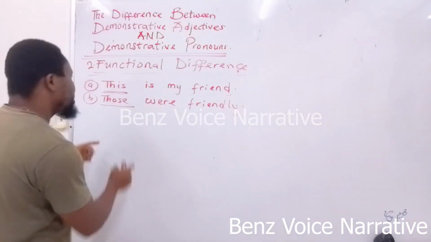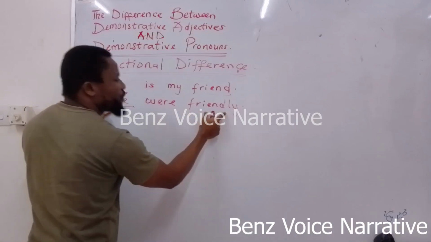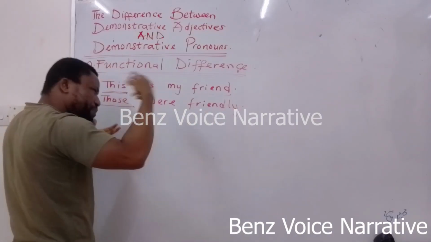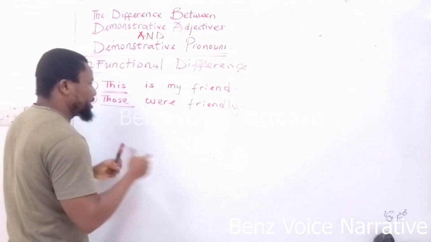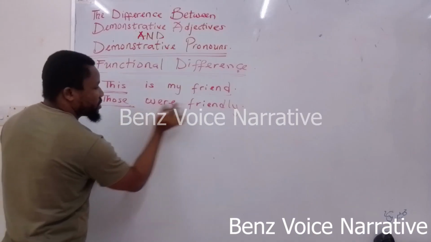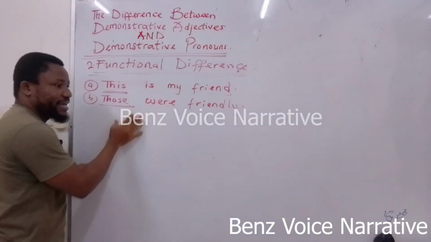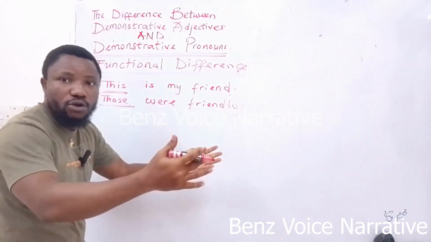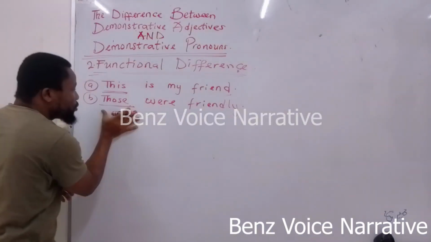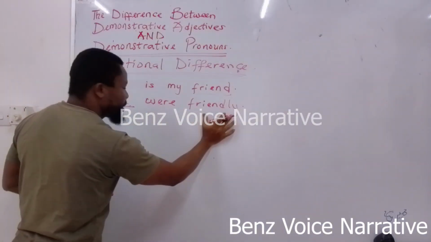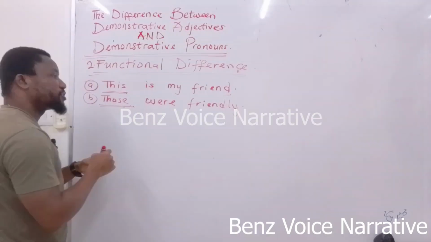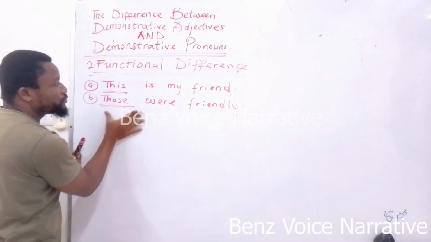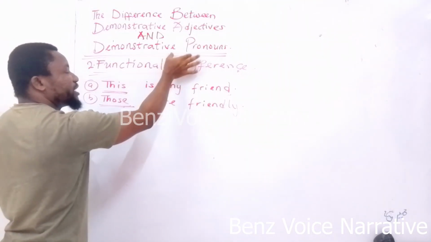But in this case, we're simply saying those were friendly. Who were the people who were friendly? Those in this case is representing some people or certain individuals. So those were friendly. Those here is the subject of the sentence and it is realized by a demonstrative pronoun.